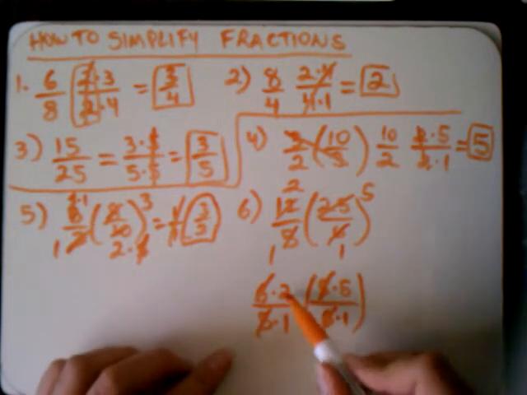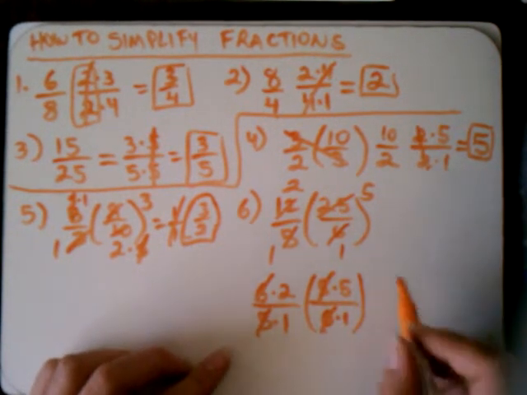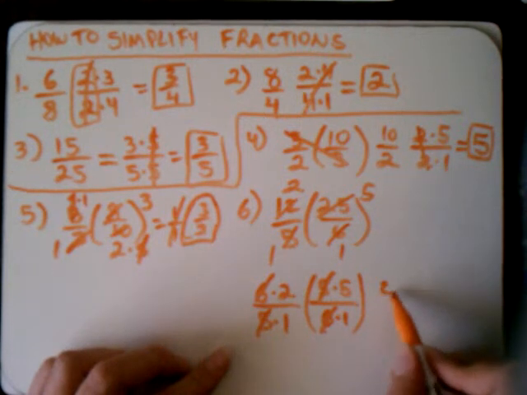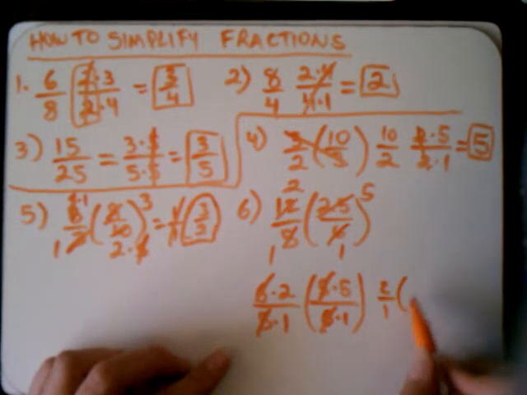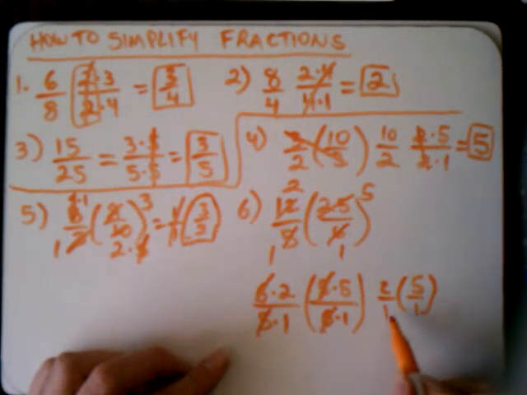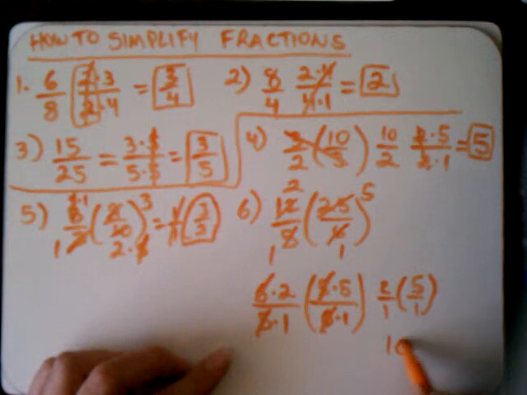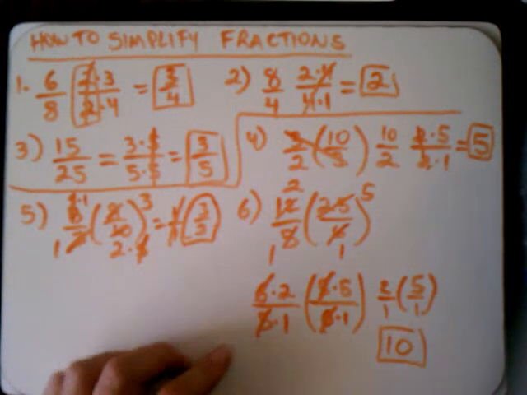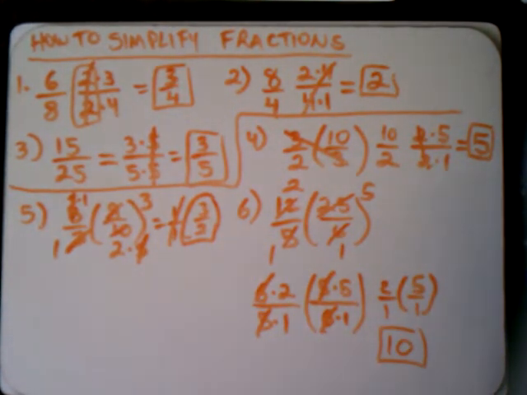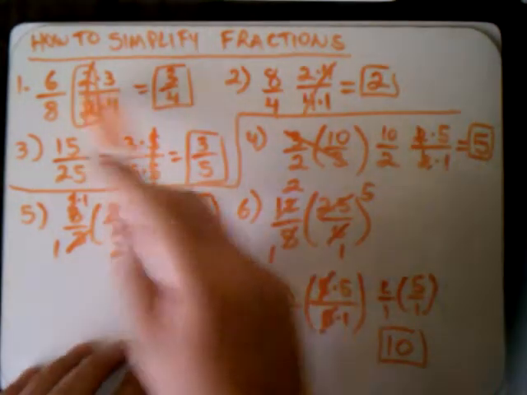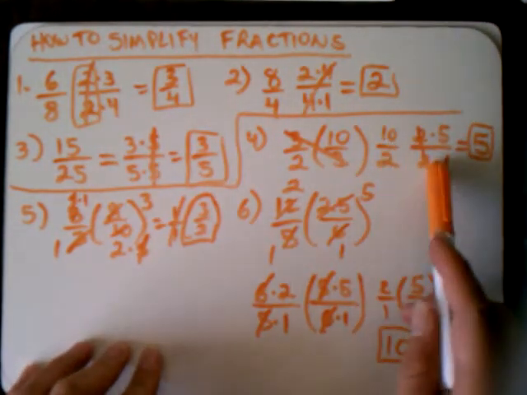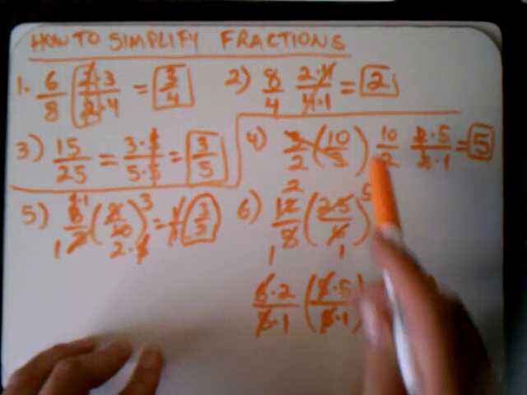So now I end up with 2 over 1 times 5 over 1. 1 times 1 is 1. 2 times 5, 10. And that's the way how you simplify fractions and how to multiply. Before multiplying, you can simplify it.